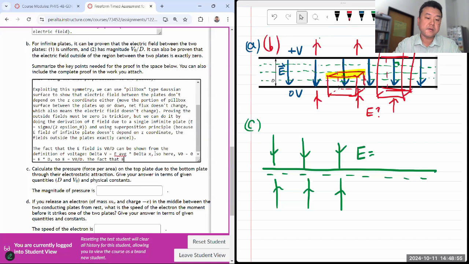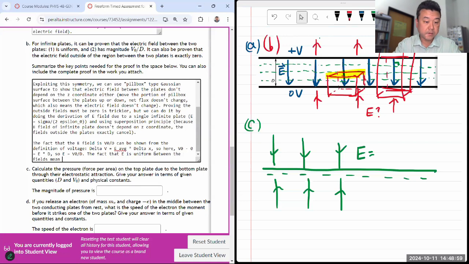But in fact, since E is uniform between the plates, we can replace E average with E.